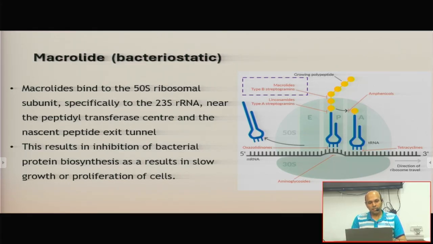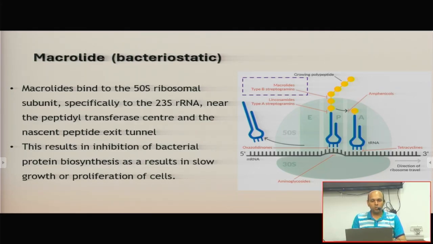This results in inhibition of bacterial protein biosynthesis, and as a result, in slow growth or proliferation of cells. As opposed to the previous two, aminoglycosides and tetracycline, which were mostly affecting the 30S, here it is the 50S that is being affected.